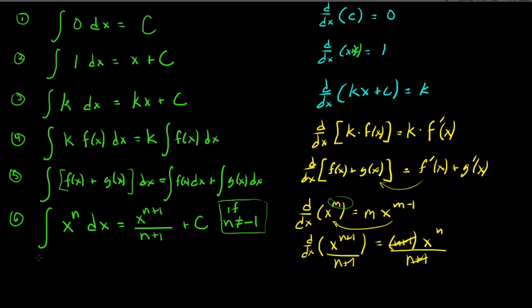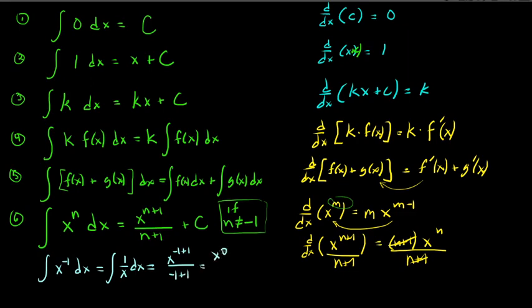So why not? What goes wrong? Well, let's see what happens. If we try to take the integral of x to the negative 1, which by the way could also be written as the integral of 1 over x, let's use the power rule. This is going to be x to the power negative 1 plus 1 divided by negative 1 plus 1.